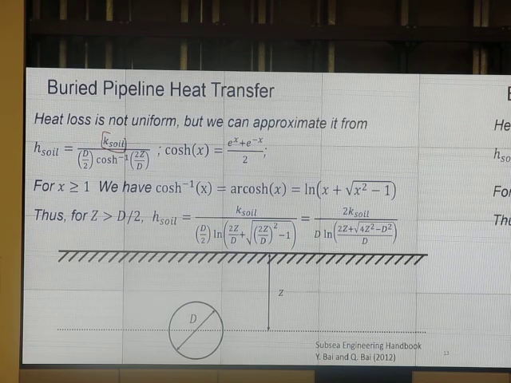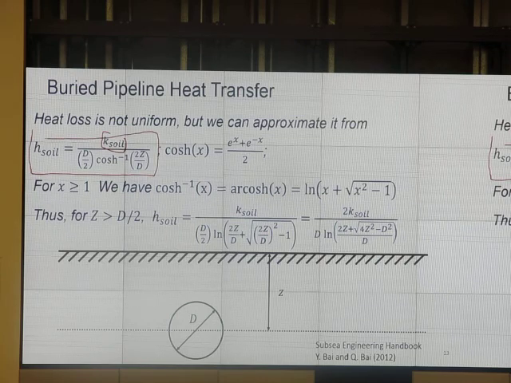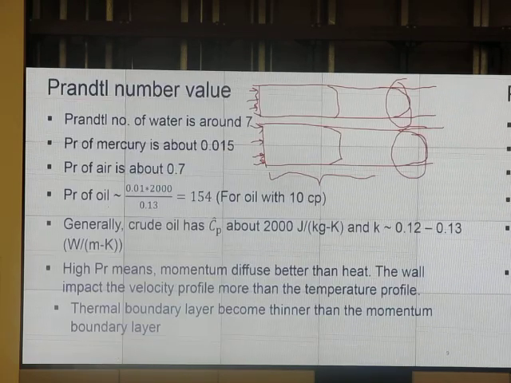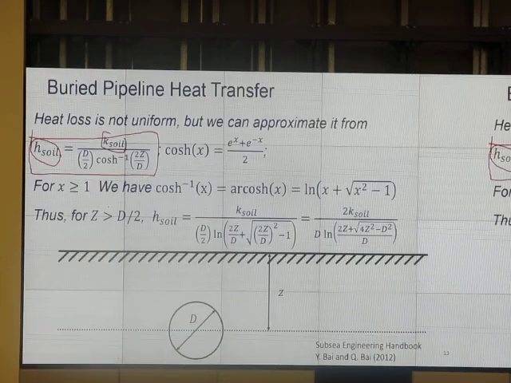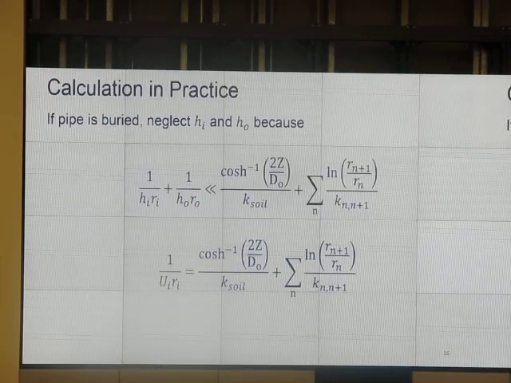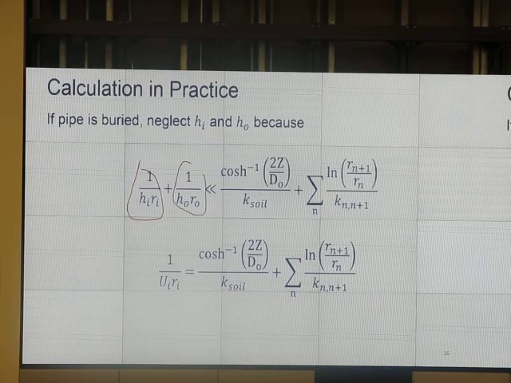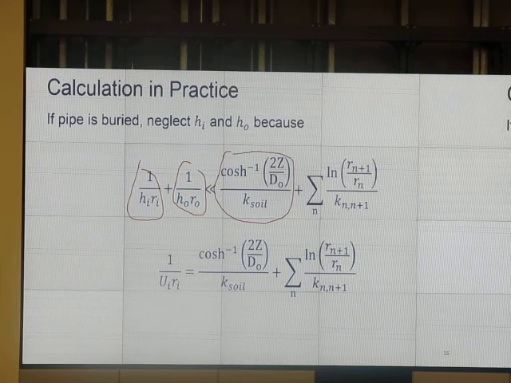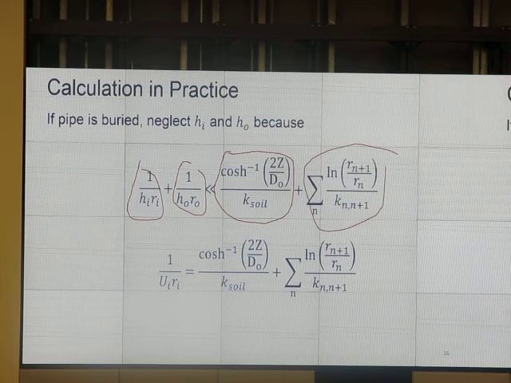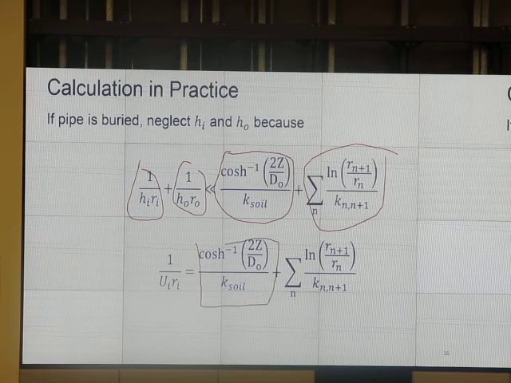It's just another empirical correlation, okay? So that you get H soil, instead of HO or something. So for soil, you get H soil. And then the U value will be 1 over HI RI, 1 over HO RO, plus this term, which is the conduction through the soil, plus that which is conduction through the pipe. Okay, this is the soil part.